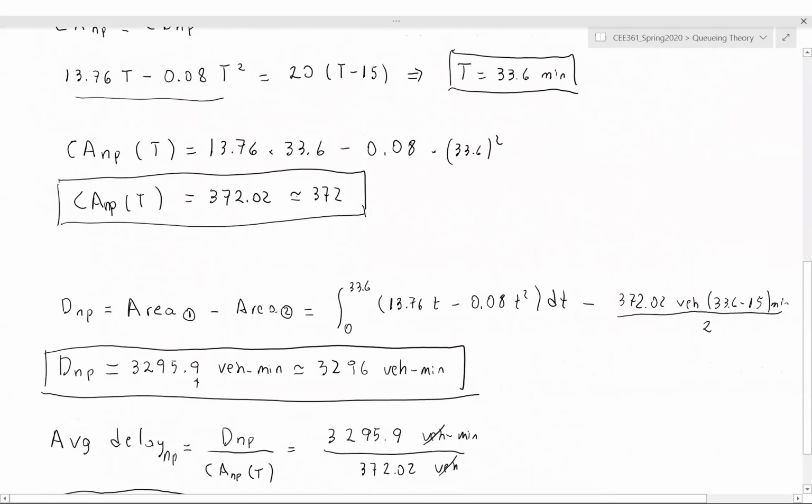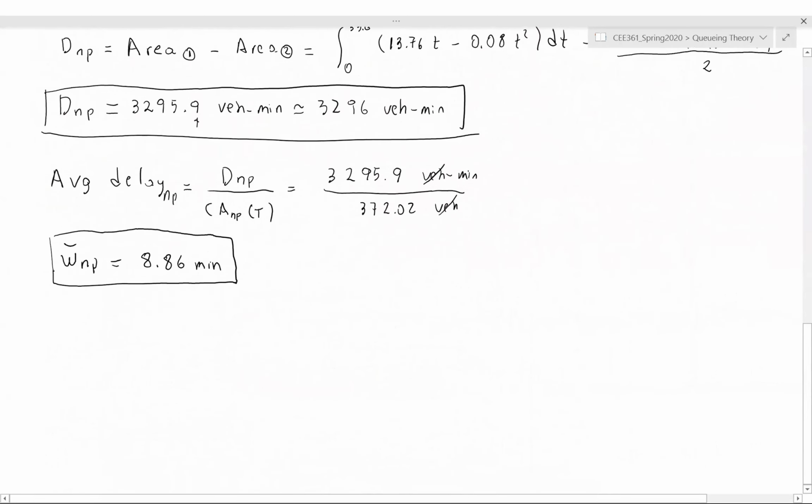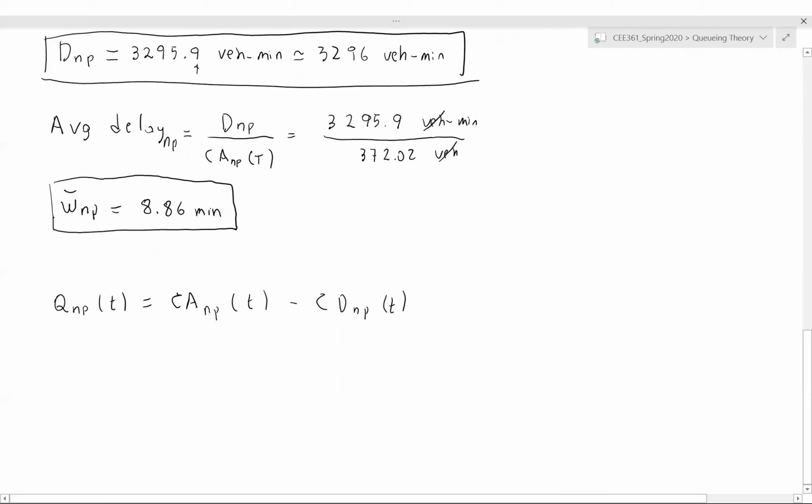In both cases, I can say that the Q as a function of time for non-priority pass vehicles is the difference between the cumulative arrivals minus the cumulative departures. It's that difference. I think it was Edward, but I'm not sure who answered the question.